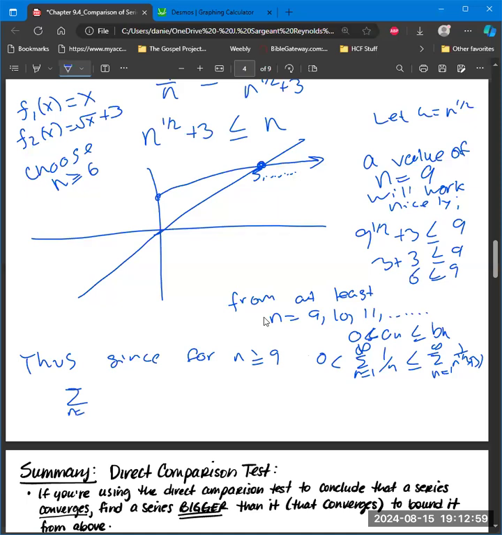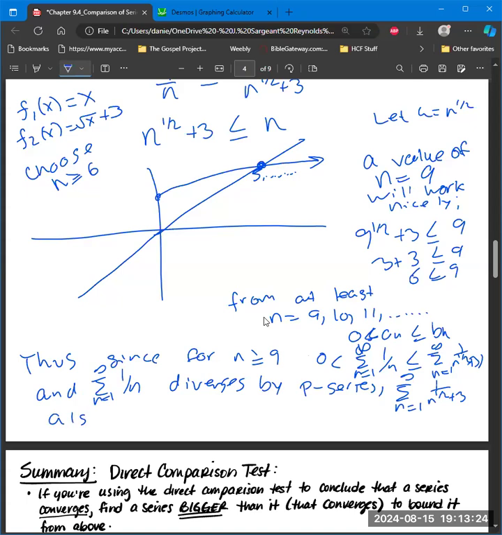And the sum from n equals 1 to infinity of 1 over n diverges by p series, so the sum from n equals 1 to infinity of 1 over n to the 1/2 plus 3 also diverges by direct comparison test.